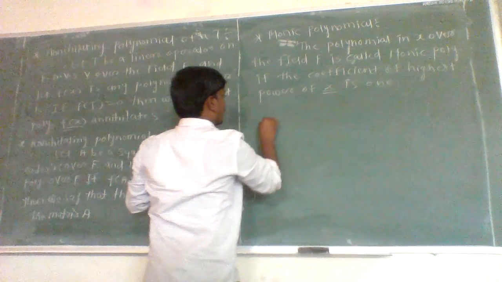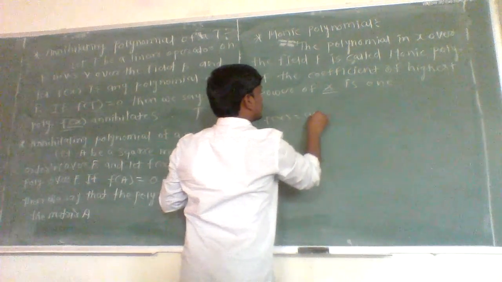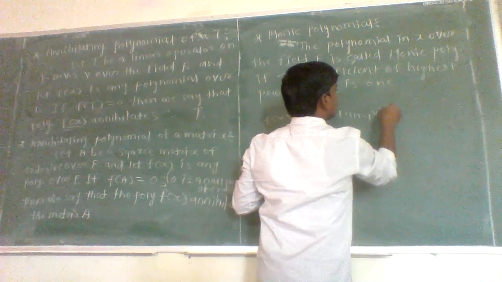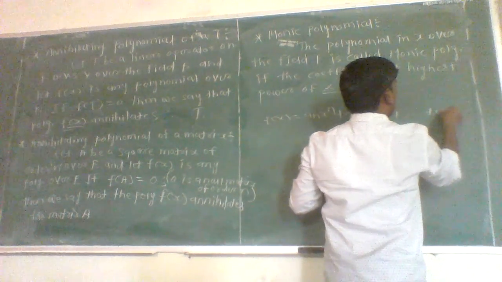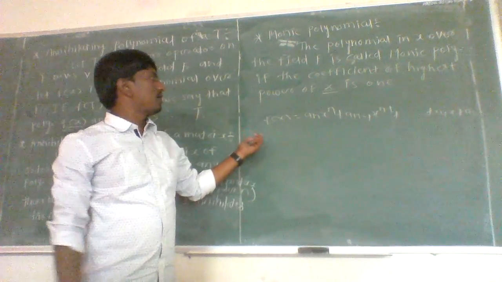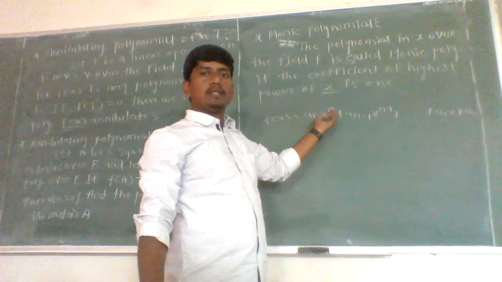That is, for example, suppose f(x) = a_n x^n + a_(n-1) x^(n-1) + ... + a_1 x + a_0 is a given polynomial in x of degree n.